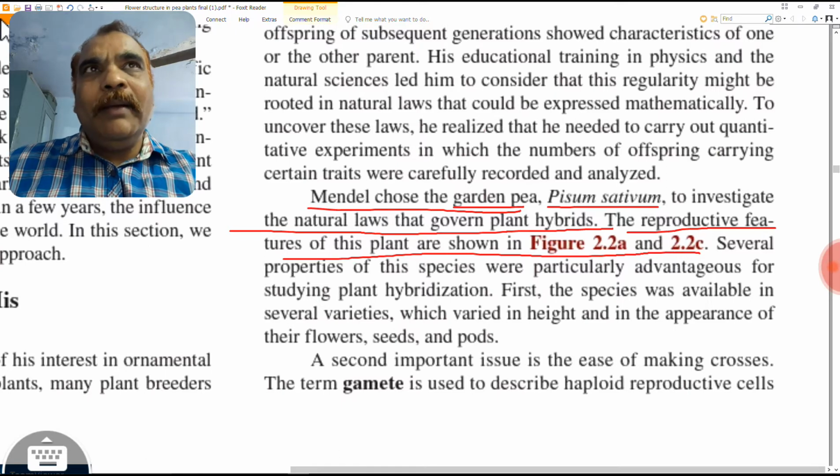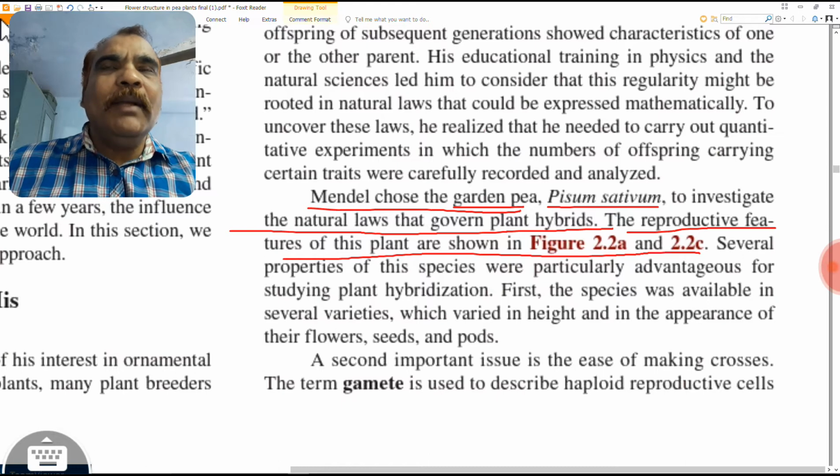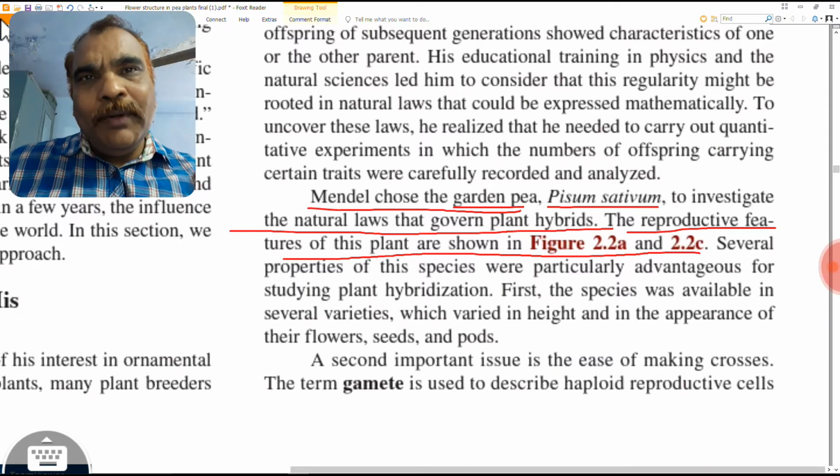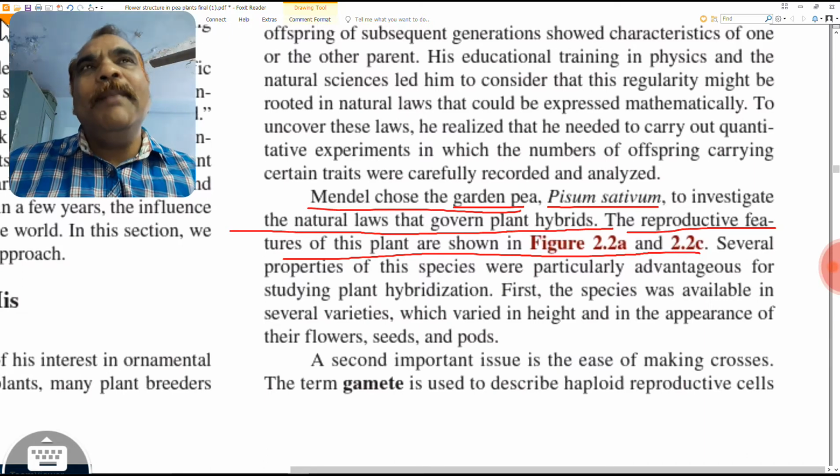In the garden pea plant, there are some peculiar characteristics which make the pea plant different from other plants, and that's why it was much easier to view and differentiate different characteristics in the garden pea plant. So that's why Mendel chose it.